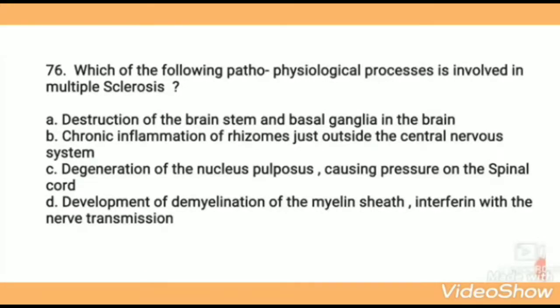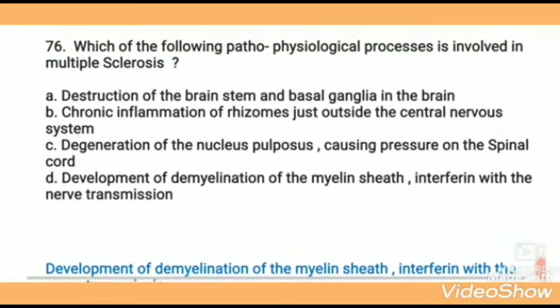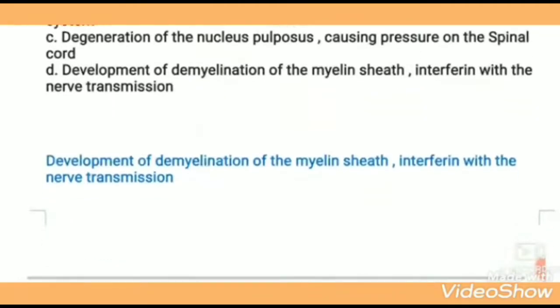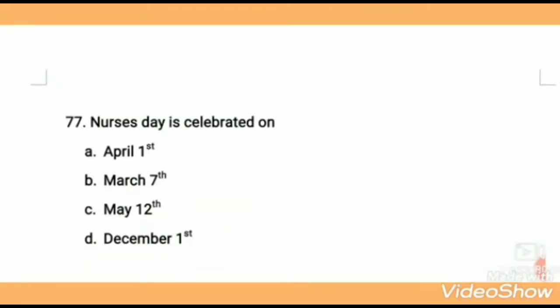So, the correct answer, the pathophysiological process involved in multiple sclerosis is the development of demyelination of the myelin sheath interfering with the nerve transmission. Next question. Nurses Day is celebrated on April 1st, March 7th, May 12th, or December 1st.